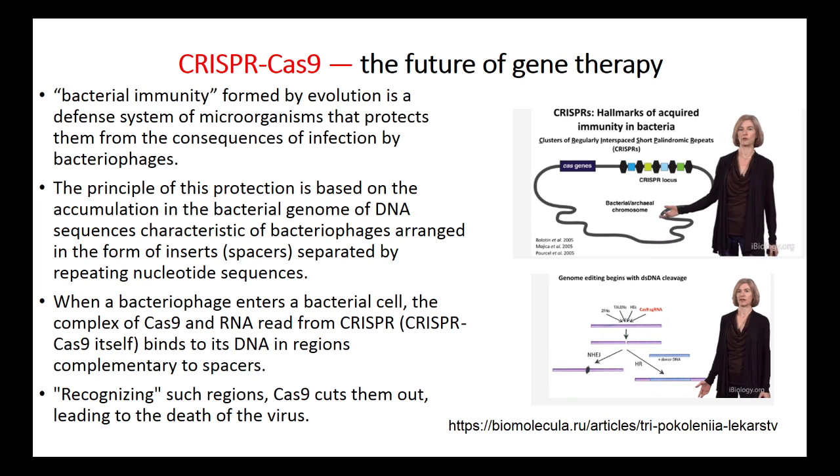When a bacteriophage enters bacterial cells, the complex of Cas9 and RNA read from CRISPR binds to its DNA at regions complementary to spacers. Recognizing such a region, Cas9 cuts them out, leading to the death of the viruses.